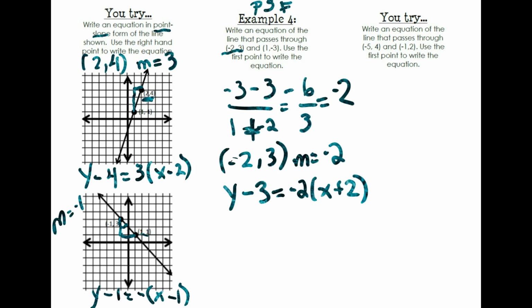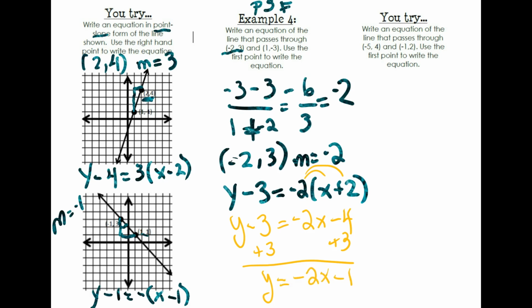I'm just going to show you something extra because you're doing the next one on your own. If I want to turn this into slope intercept form instead of using the 5-step rule, some people think that the point slope form is easier. I agree. So you distribute this, you get -2x minus 4, and then simply come over here and add 3. And you get y is equal to -2x minus 1. And that would be the equation of the line in slope-intercept form.